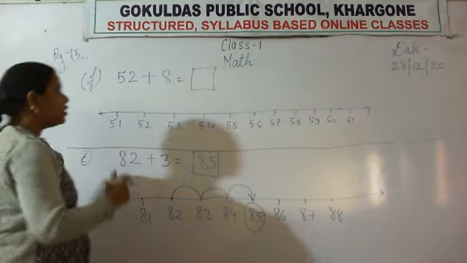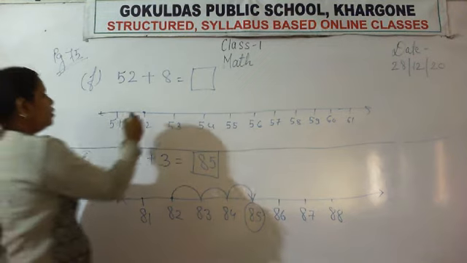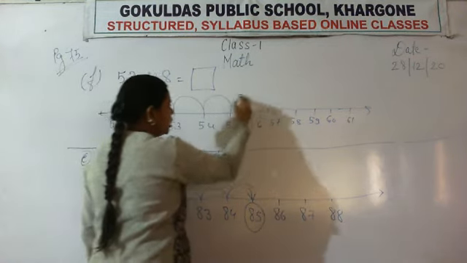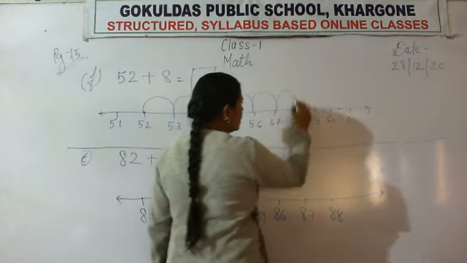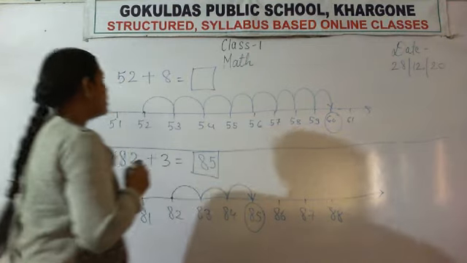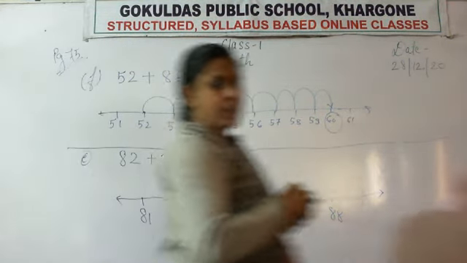Now we are on which number? We are on number 52. So move 8 steps. 1, 2, 3, 4, 5, 6, 7, 8. We stop at number 60. So the answer of 52 plus 8 will be 60. I hope all of you have done it very correctly.